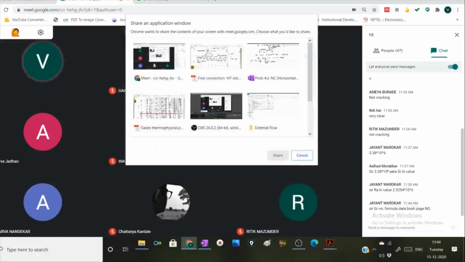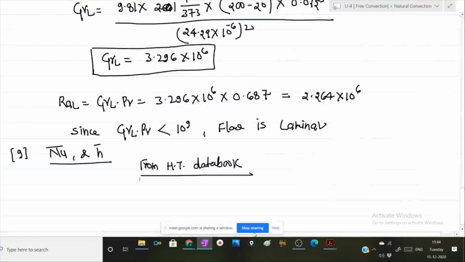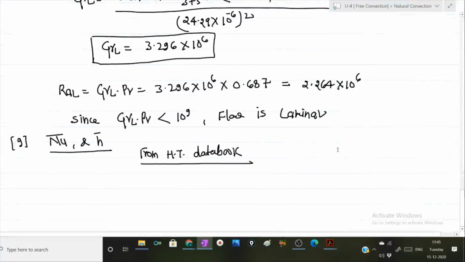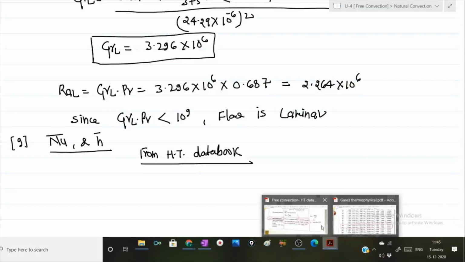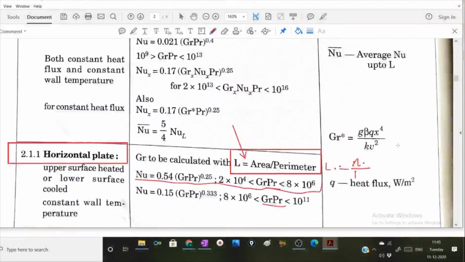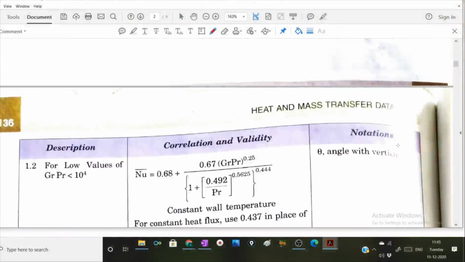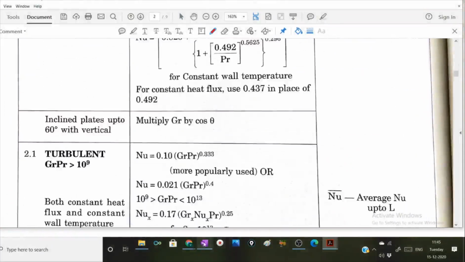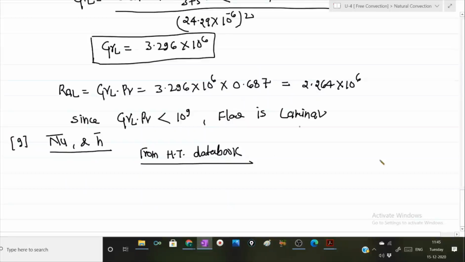Okay, so from the heat transfer data book, the page number was 136 and the equation 2.1.1.